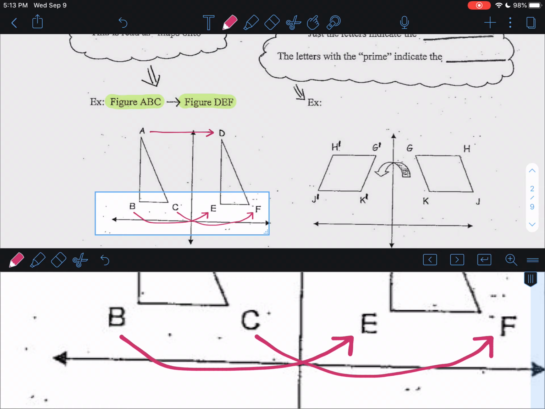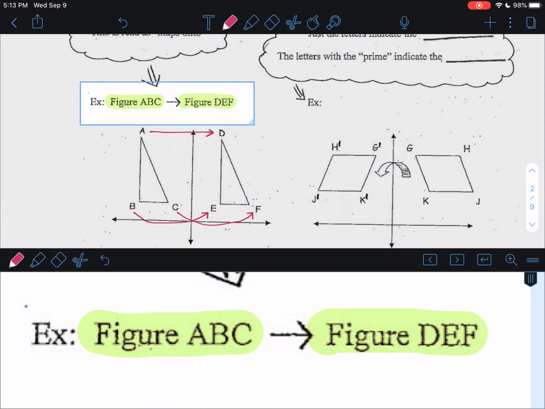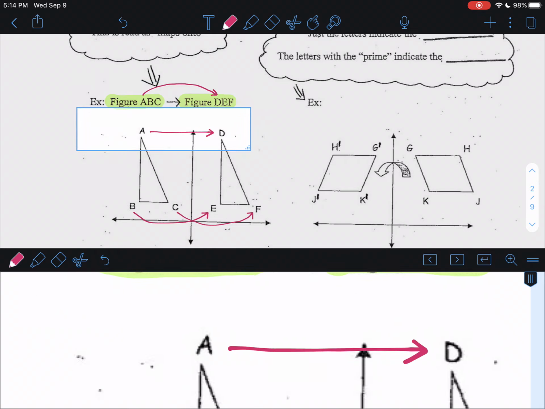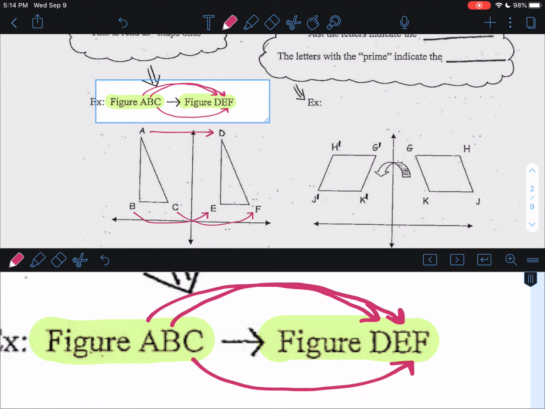And this is important when we map figures like this, because the first point you mentioned in the figure is A, and we said A mapped onto D, which is why D is the first one mentioned here. And then we said B mapped onto E, which is why E is the second one, and C and F are the third one.